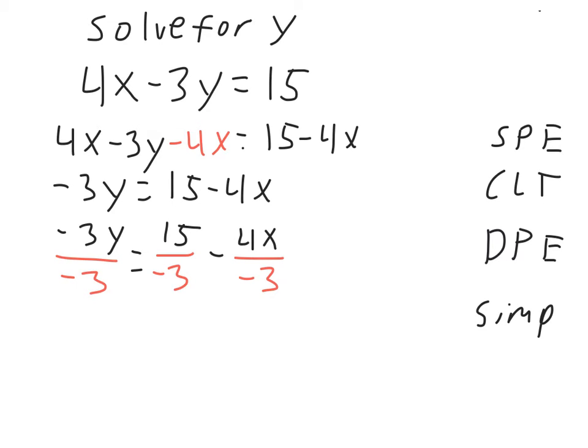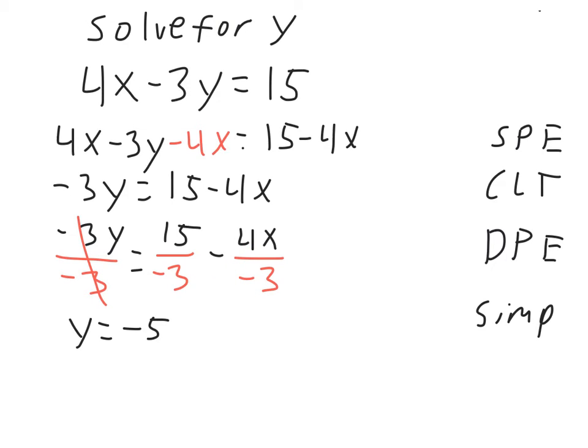So again, like usual, the negative 3's both cancel to just leave y equals, and then we have 15 divided by negative 3 is going to be negative 5, and then minus 4x divided by negative 3.